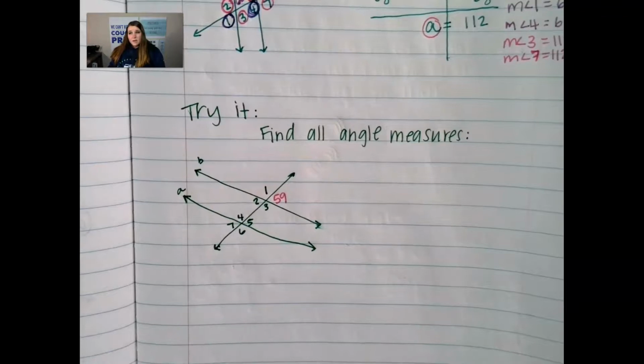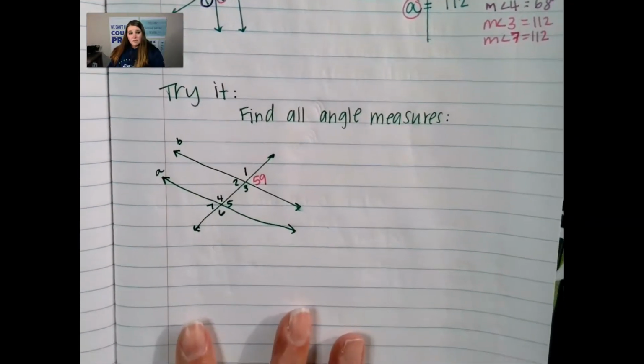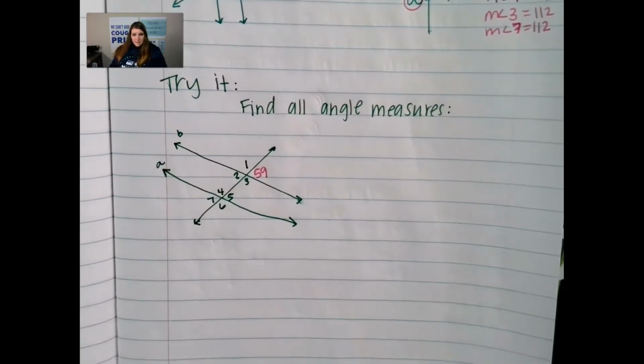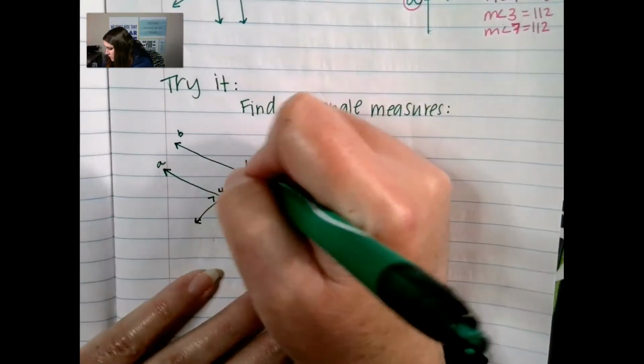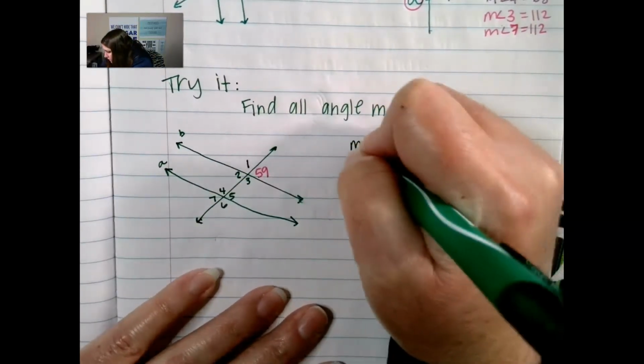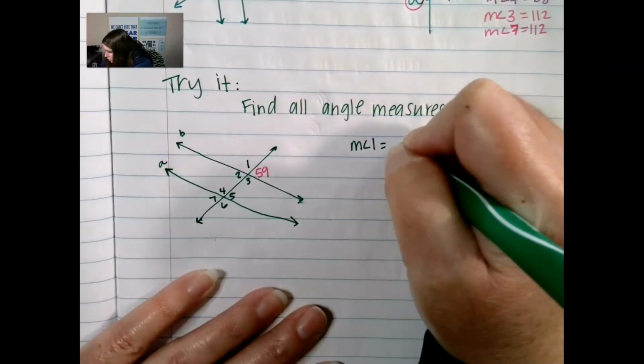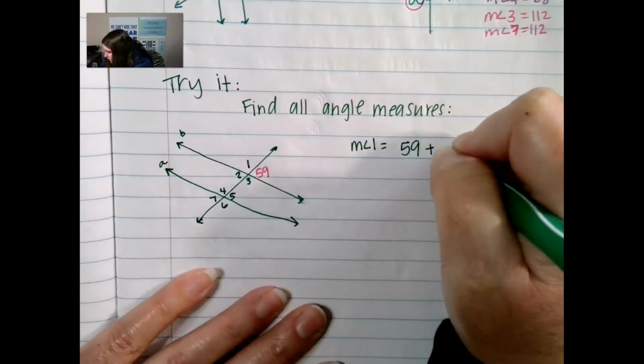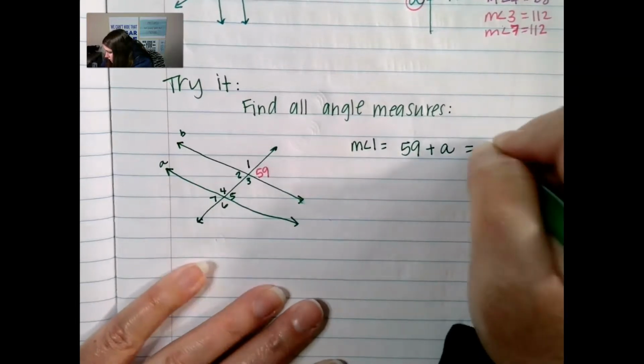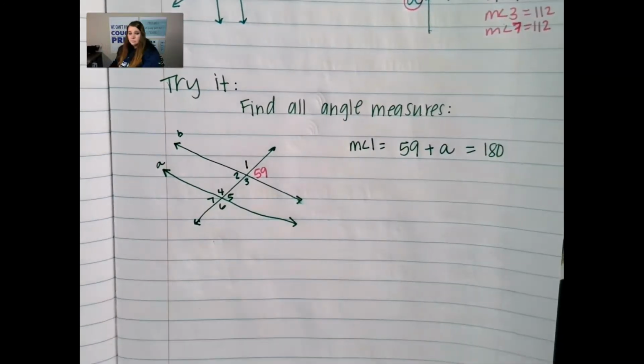Okay? All right, hit pause right now so you don't hear me solving, and then when you are ready, hit play. All right, so first I need to find the missing angle. What's missing here for measure of angle 1? Measure of angle 1 is going to be 59 plus something equals 180.